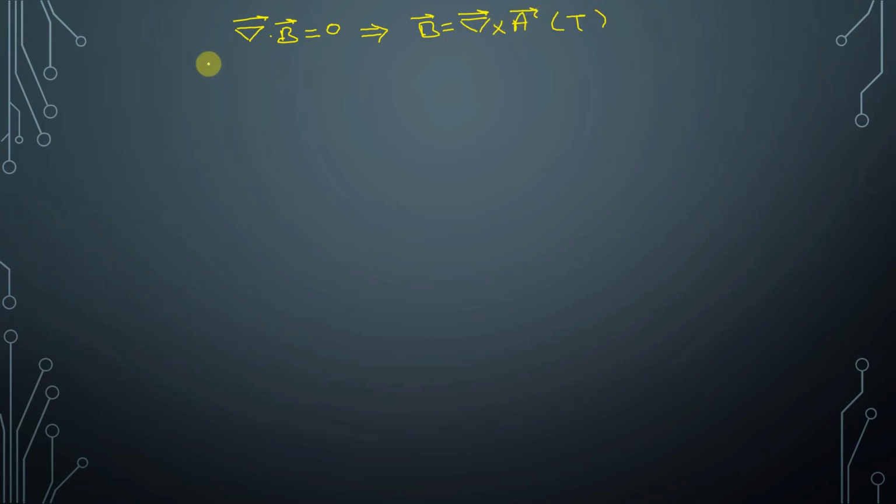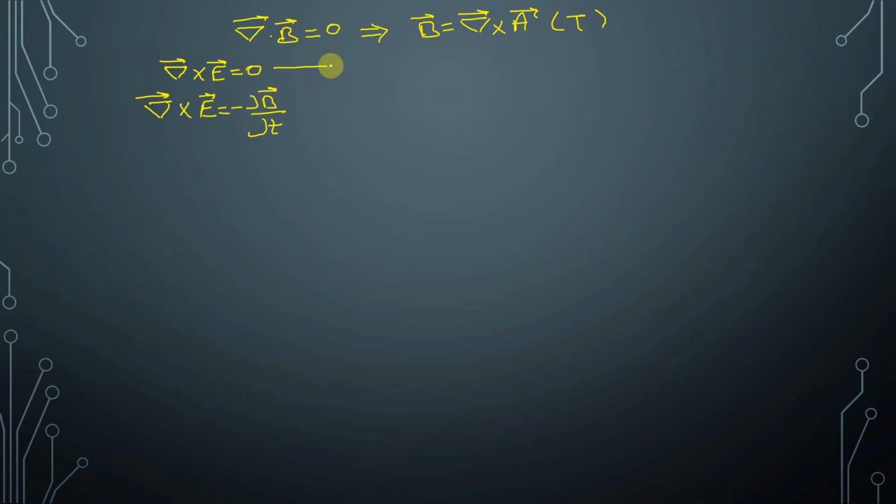Similarly, we know that del cross E is equal to 0 for the electrostatic case. If the electric field is changing with time, we have a different relation; this was Faraday's law.